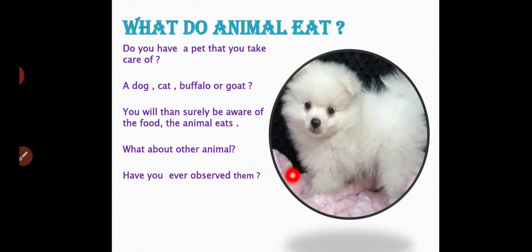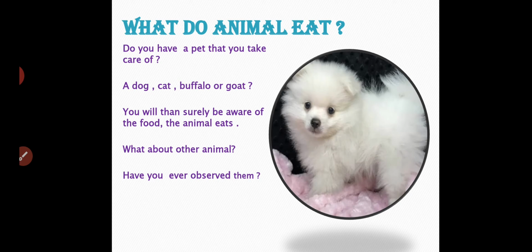If it is ill, you take that animal to the doctor, right? And what food particularly are you giving to that animal? Now we are going to see about some animals, what they are eating, whether vegetarian or non-vegetarian.